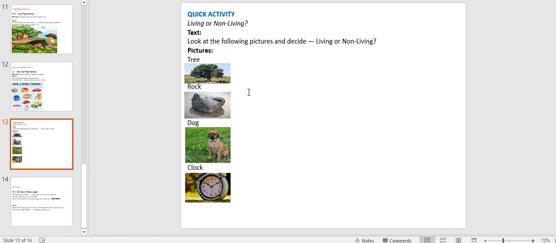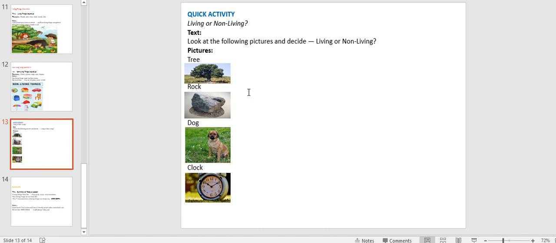Your 10 seconds are over. A dog. It's an animal. A dog grows. A dog is able to respond to changes in the surrounding. A dog consumes food and water, meaning it's a living thing. Those are all characteristics of living things.